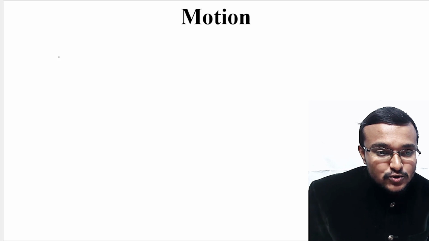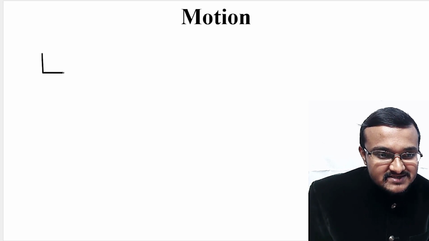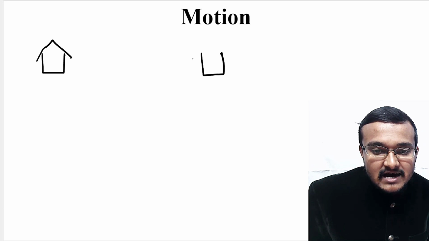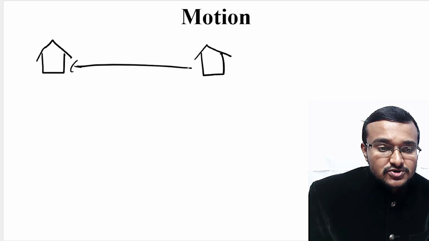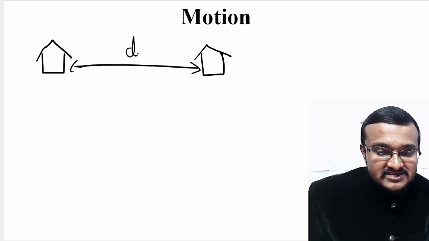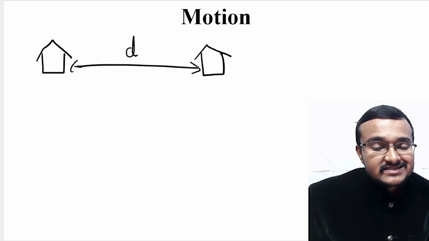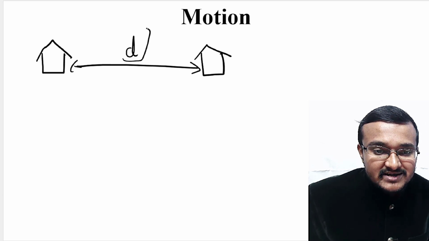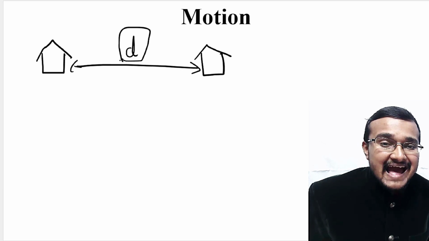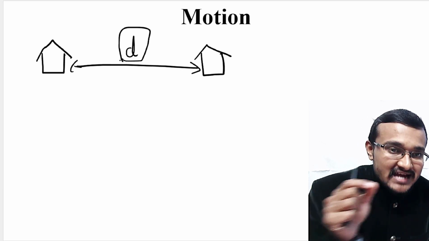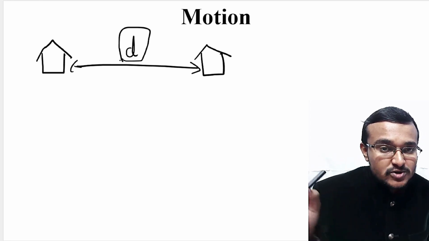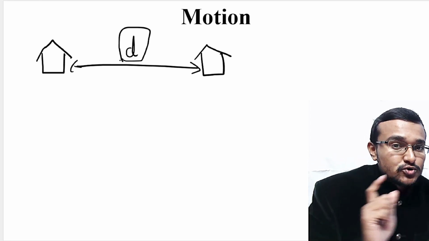For that, consider this as Abdul's house and this as Abdul's school. Let us say there is a distance d between the house and the school. This distance d acts as the total distance while traveling from house to school, and the same distance acts as the total distance while traveling from school to house.